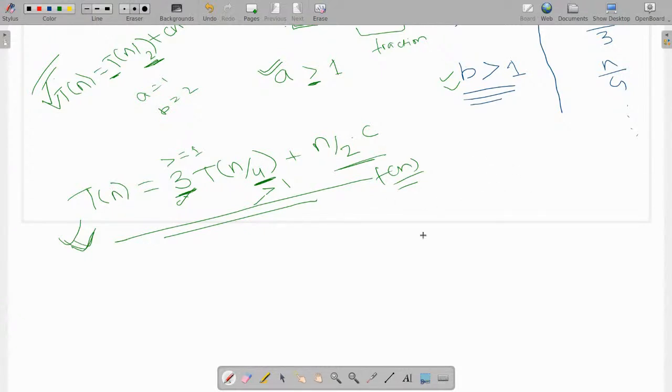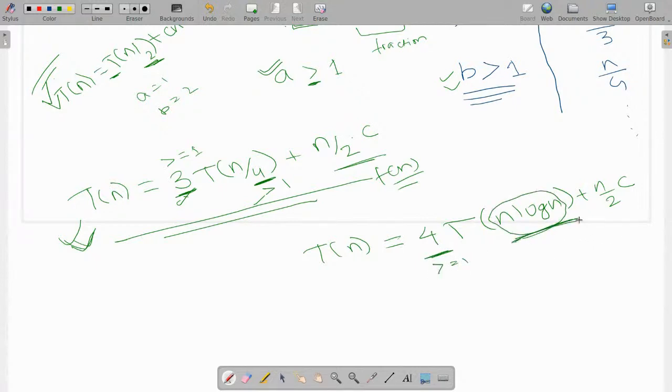Now let us consider one more example. Suppose the recurrence relation looks something like this: 4T(n log n) + (n/2)c. Here a is greater than or equal to 1, but the b is not greater than 1. Hence this equation is not solvable by master theorem.